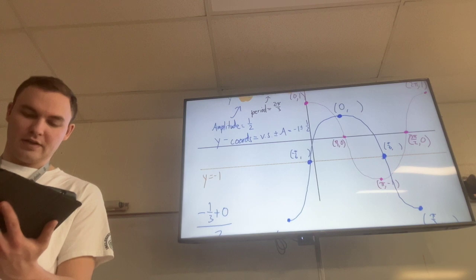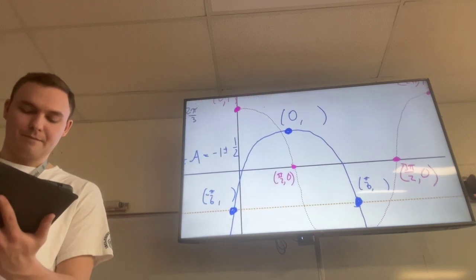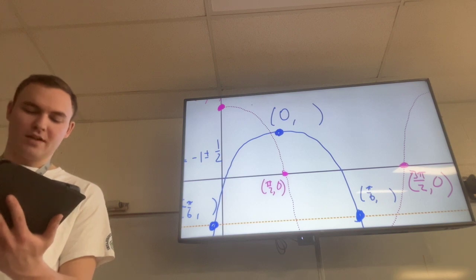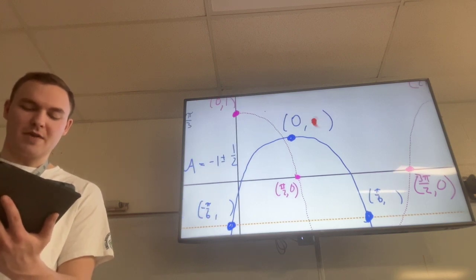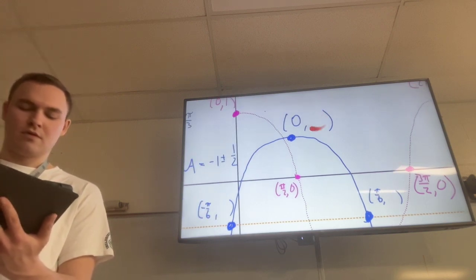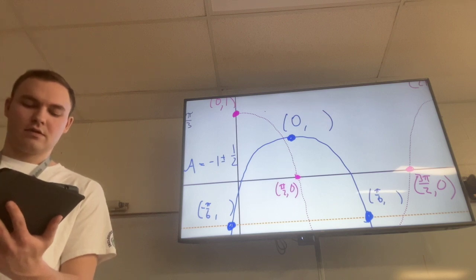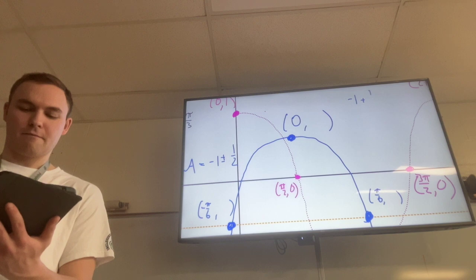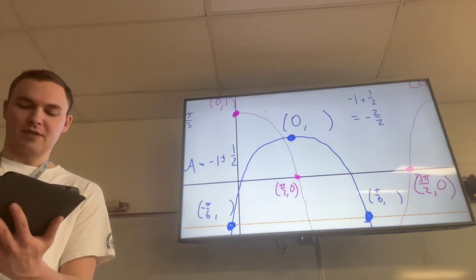So this point here at the top, what's its y-coordinate going to be? -1 plus 1/2. What's -1 plus 1/2? It's going to be -2/2 plus positive 1/2. It's going to be -1/2.